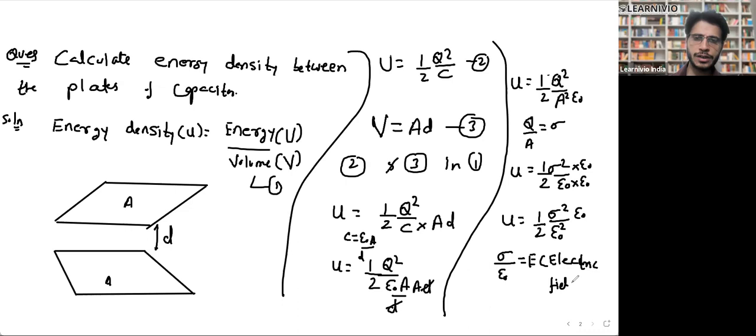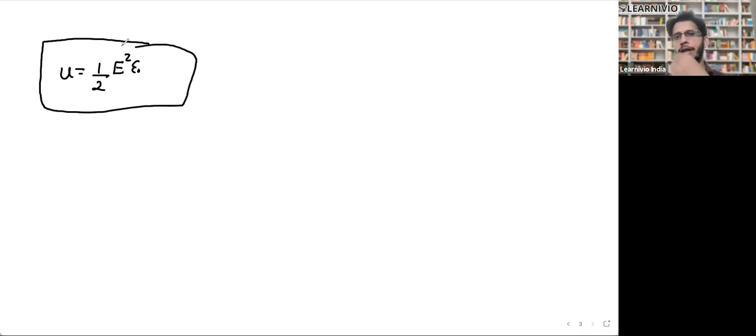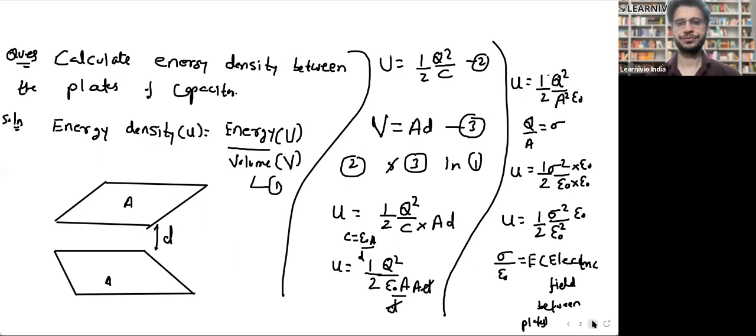We have derived this in the last class. So when I substitute E instead of sigma by epsilon naught, I will get that energy density is half epsilon naught E squared. This is the required expression. The energy density of a parallel plate capacitor is half epsilon naught E squared. Okay, just note it down.